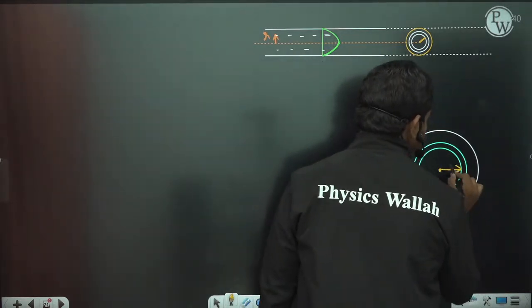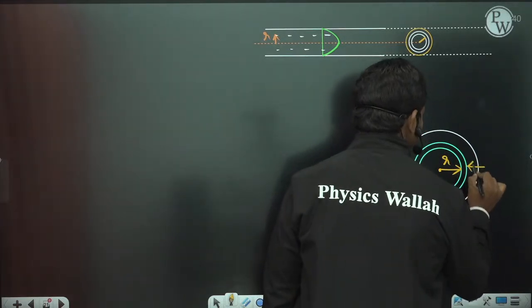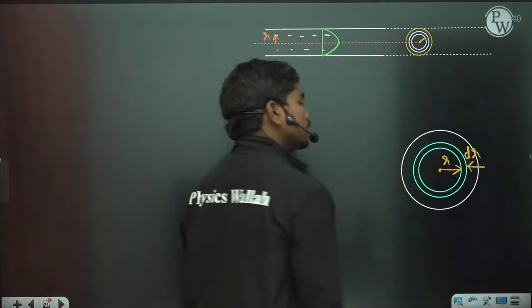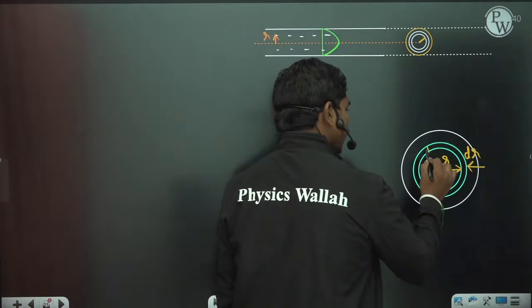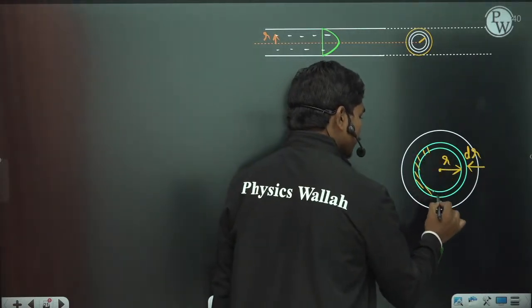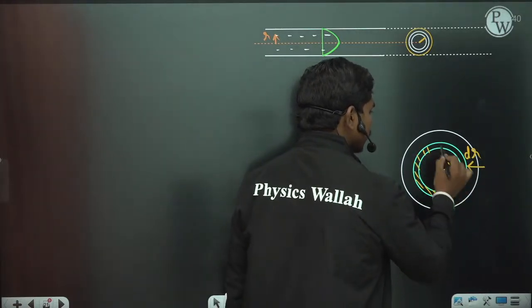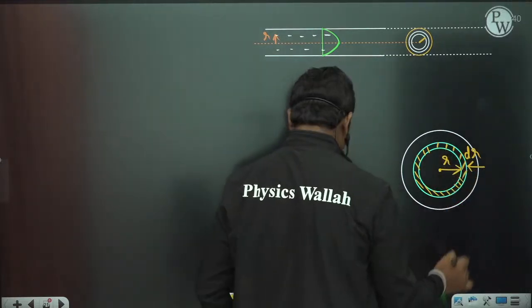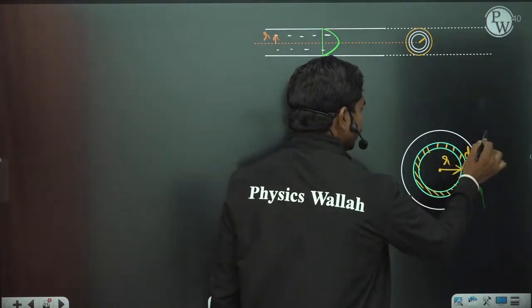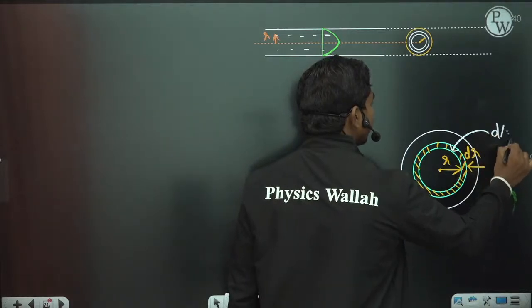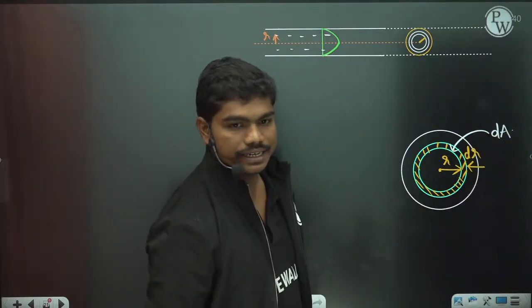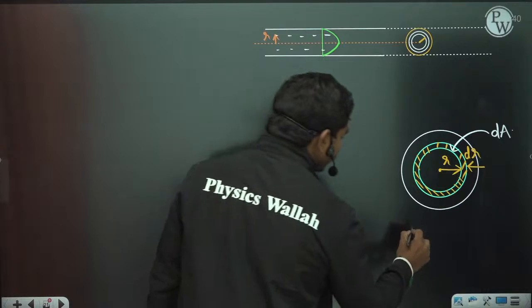This radius is r and this is dr. This is the small elemental area in a pipe at some radius. If this small elemental area is dA, what is the value of this dA?